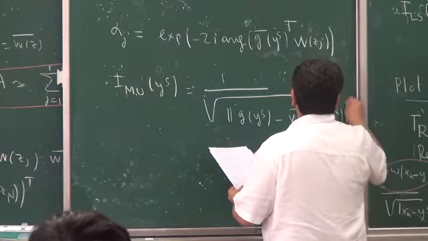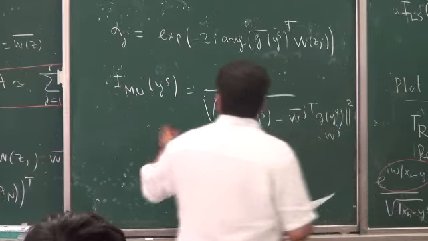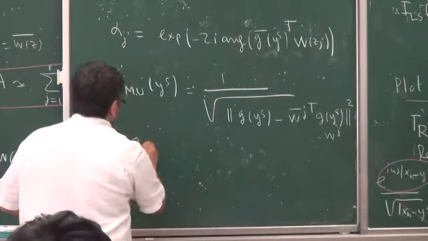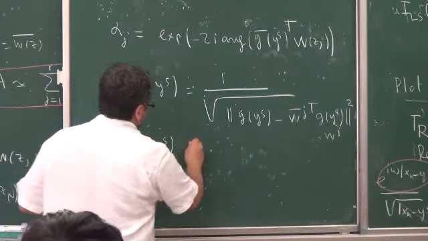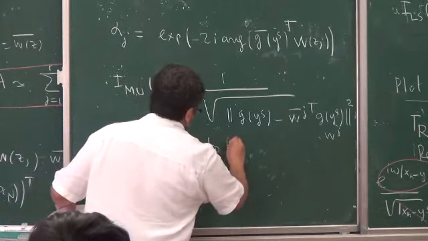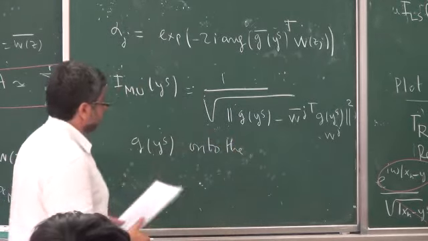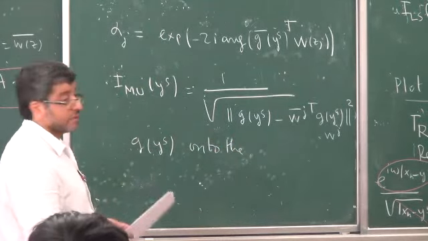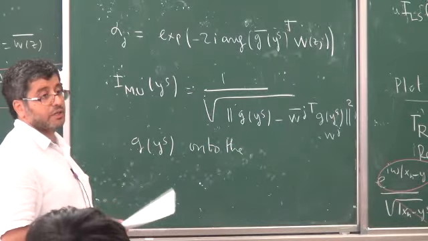So you take the Green function and you project it onto the noise.